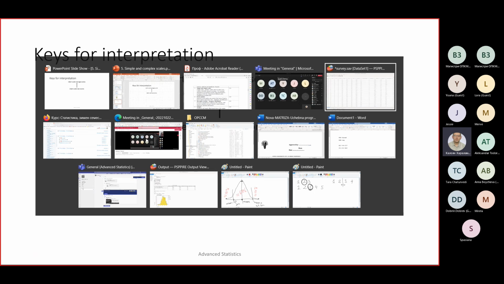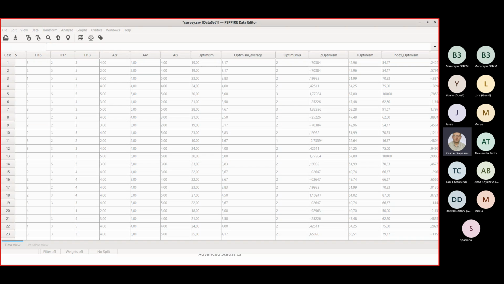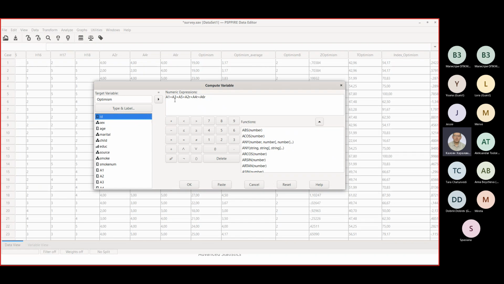In PSPP, I can choose transform, compute again. Since I already have computed this scale optimism, I can press reset and start from the beginning. The new variable will be optimism underline average.